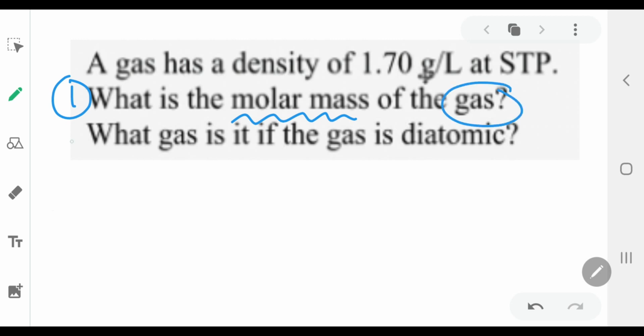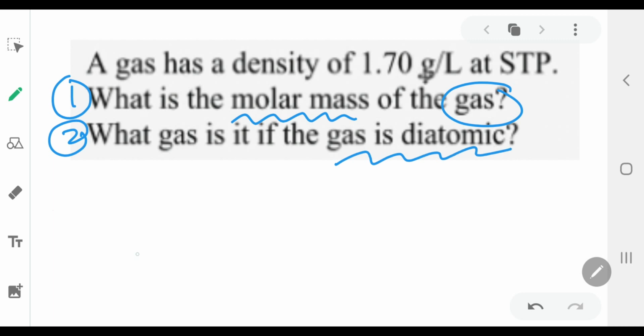And then from there, you should be able to complete the second task, which is to find out what is the possible gas if the gas is going to be diatomic?